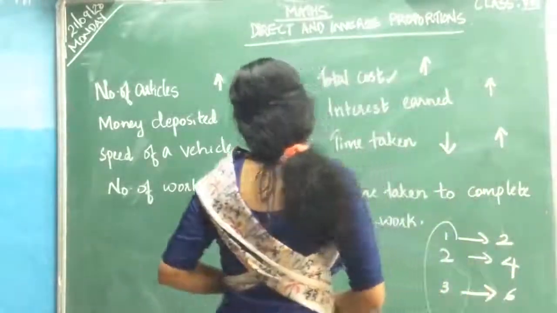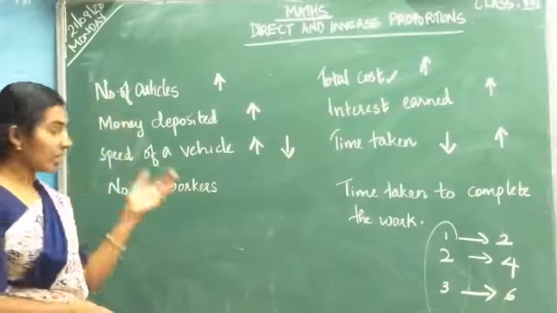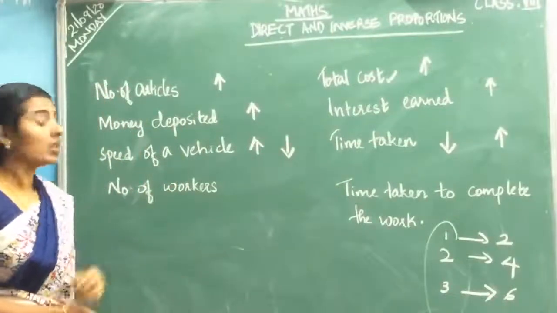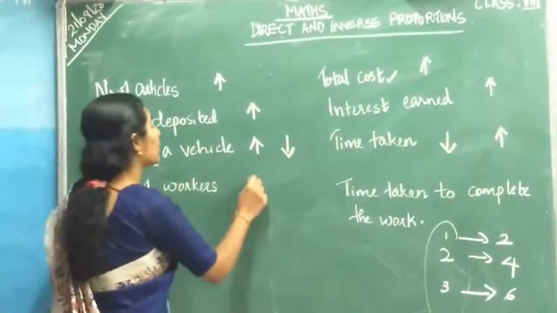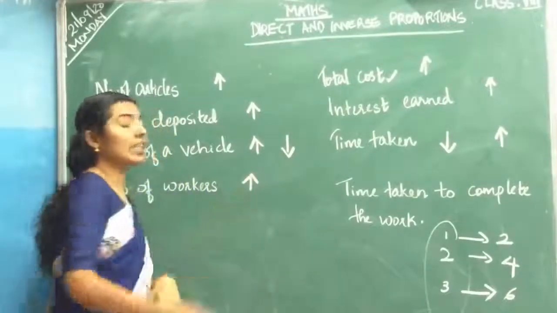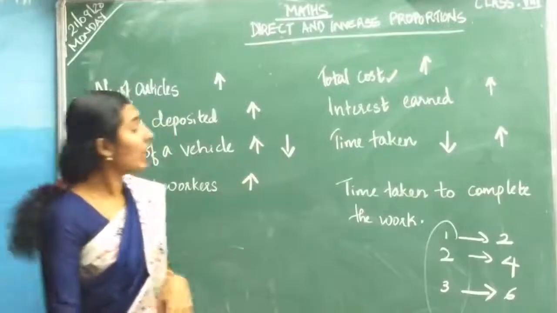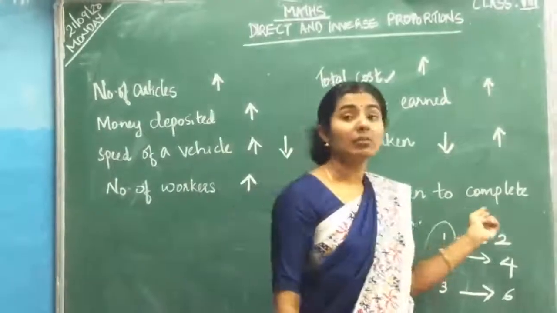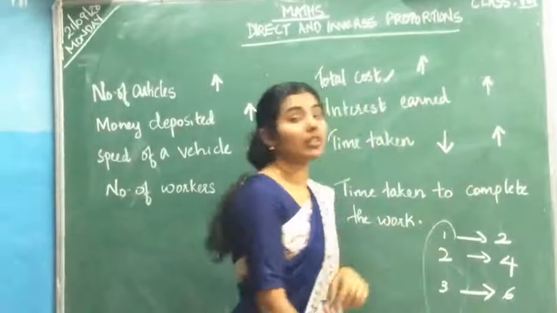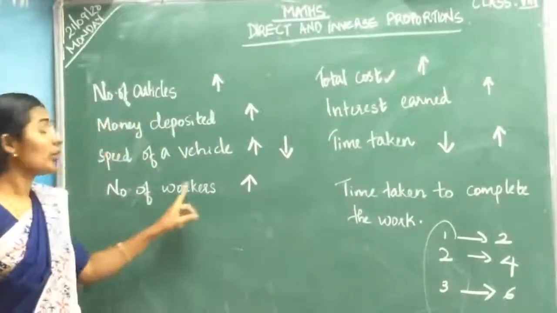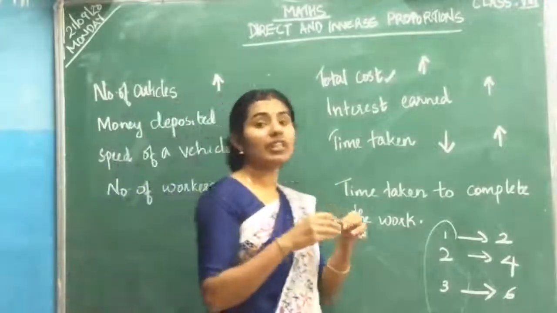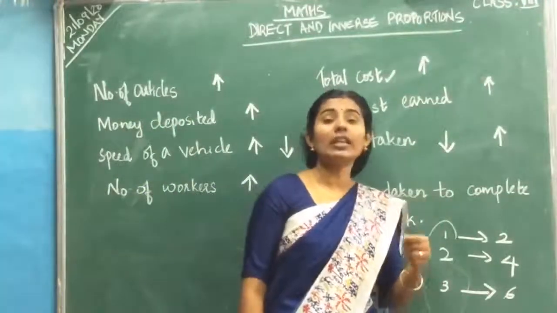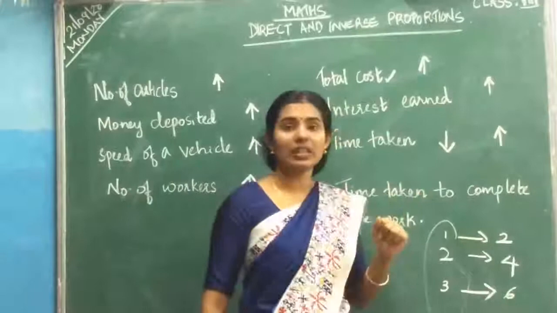Let me see another example. In a company or any workplace, we are increasing the workers count. If the number of workers is increasing, what will happen to the time taken to complete the work? Number of workers is increasing, so we need less time to complete that work, isn't it?